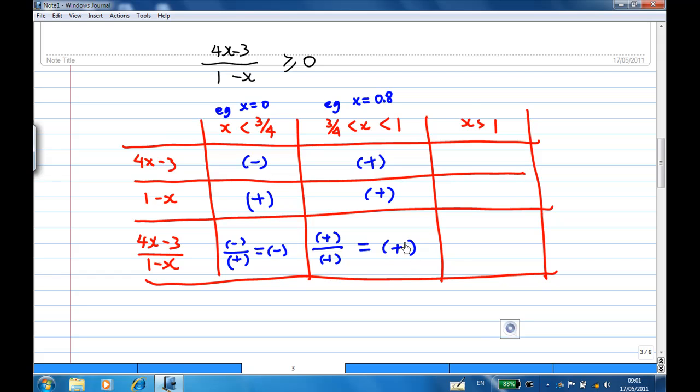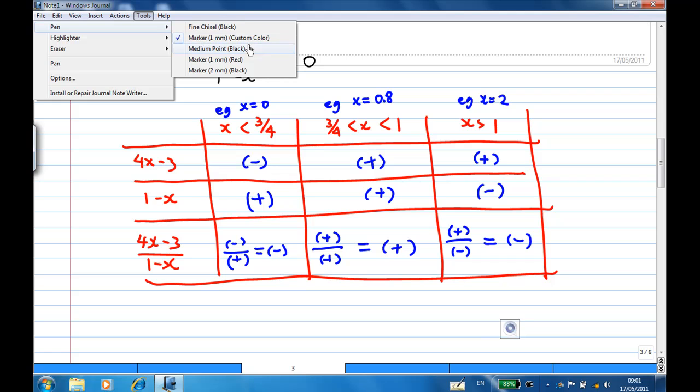If x is more than 1, for example x equal to 2, then 4x minus 3, with 4 times 2 minus 3, is positive. 1 minus x, when x equal to 2, 1 minus 2 is negative. Then 4x minus 3 over 1 minus x will be positive over negative, and we get negative.